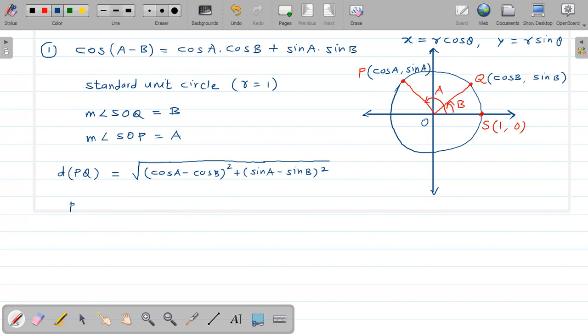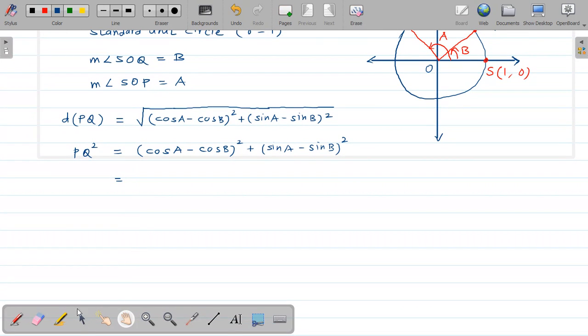Now you can write it as PQ square, by taking square on both sides. So PQ square will be cos A minus cos B bracket square plus sin A minus sin B bracket square. Now expand this and try to simplify. By expansion, what will you get?